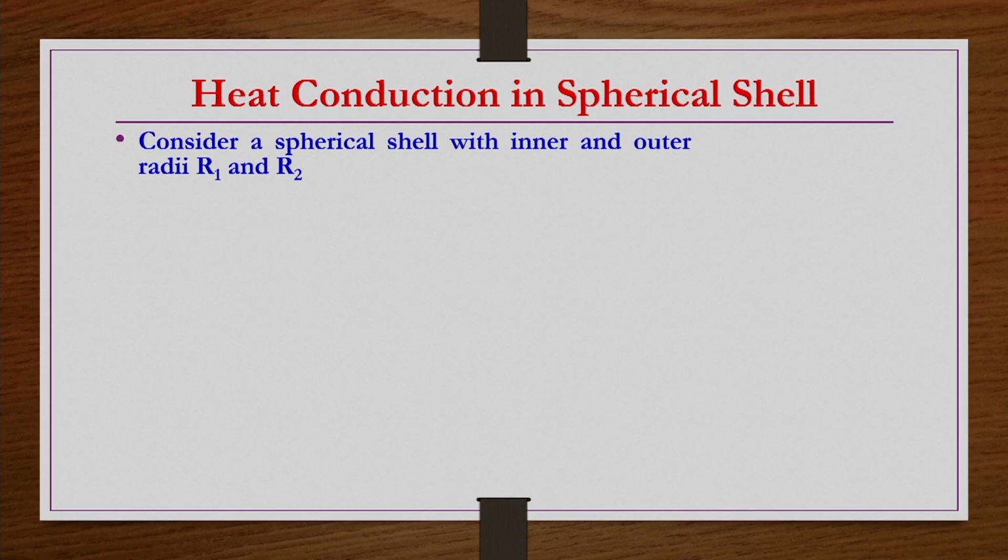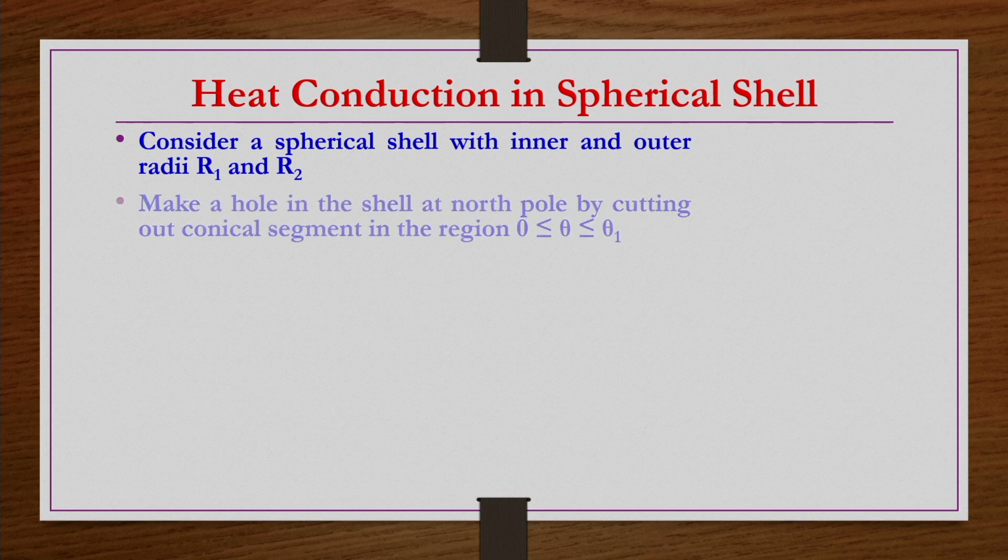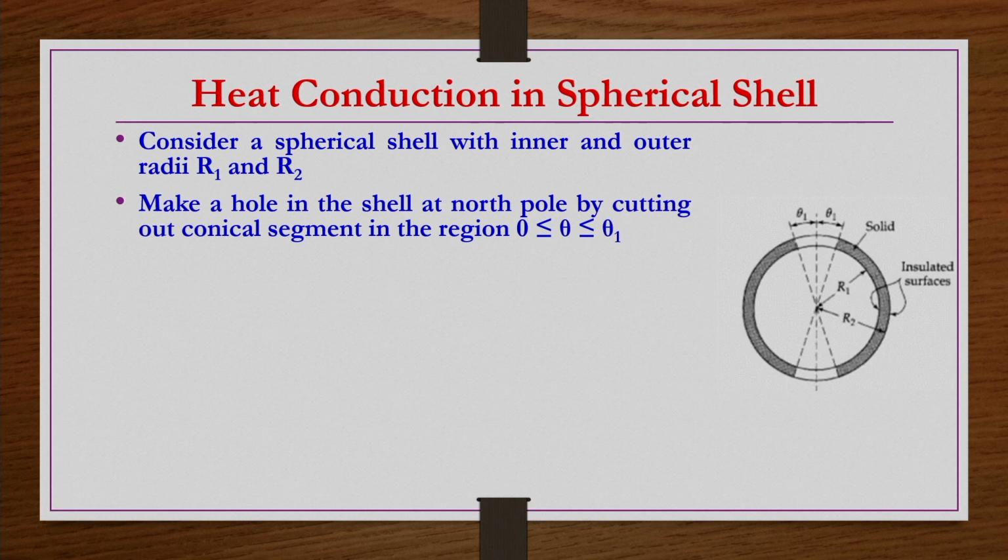Okay. So, consider a spherical shell with inner and outer radii R1, R2. Make a hole in the shell at the north pole by cutting out a conical segment in the region between theta equals 0 to theta equals theta 1. Pictorially, if you see here, the inner radius of the shell is R1, the outer radius of the shell is R2, right. And now, the solid surface here is insulated.